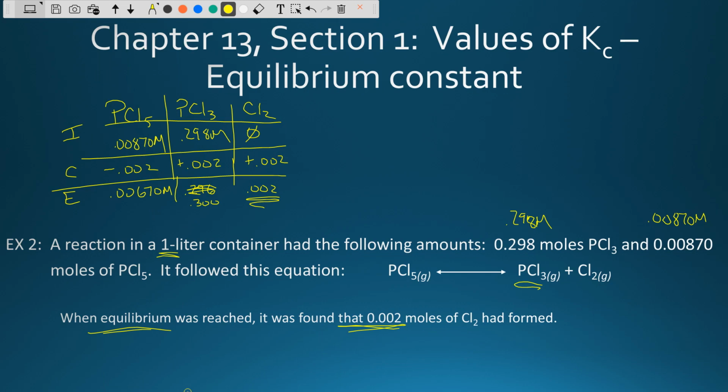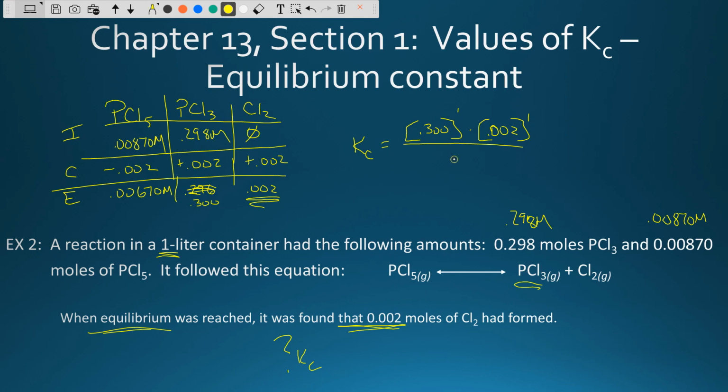Now the question is, when all of this is done, what was my value of K? This is just a follow-up question. If I want to find my value of Kc, now that I have my equilibrium values, we have PCl3, which is 0.300, and in the balanced equation there's only one of those. And I see my chlorine was 0.002, and there's only one of those.